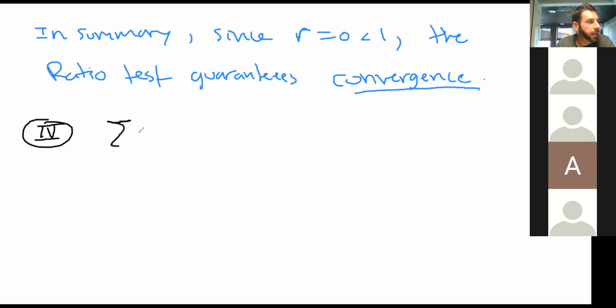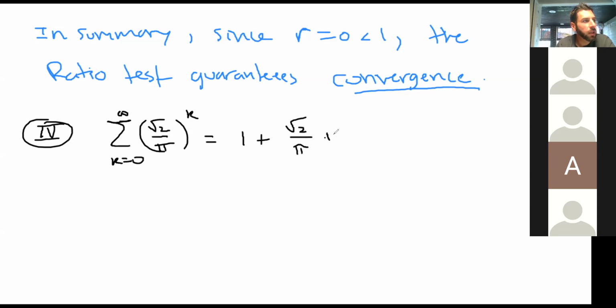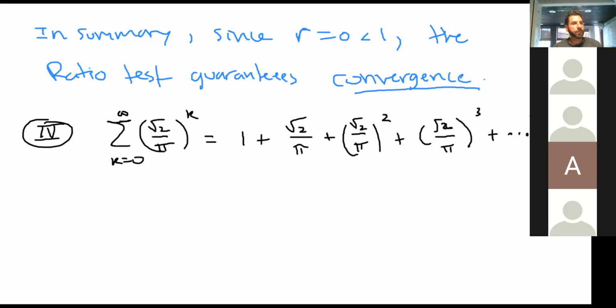So this one we have √2 over pi to the k, k goes from 0 to infinity. You plug in 0, you get 1. You plug in 1, you get √2 over pi. You plug in 2, you get √2 over pi squared, plus √2 over pi cubed, forever and ever. This guy is geometric.